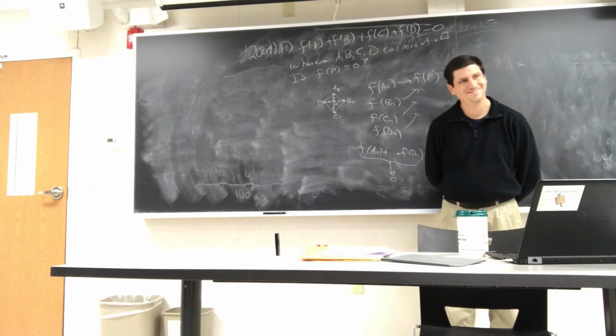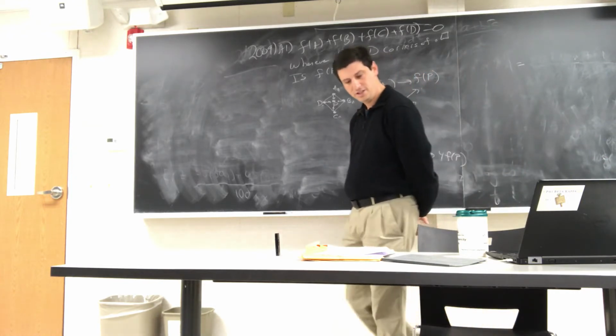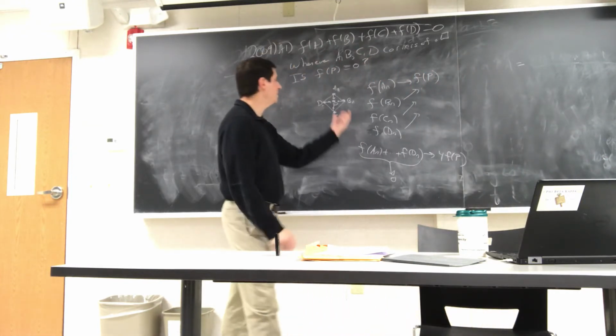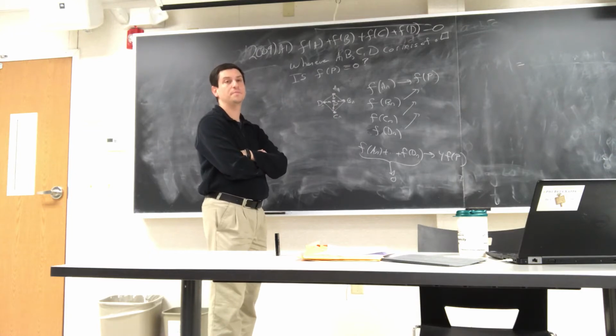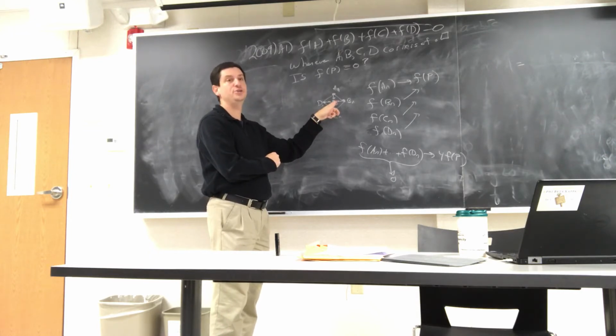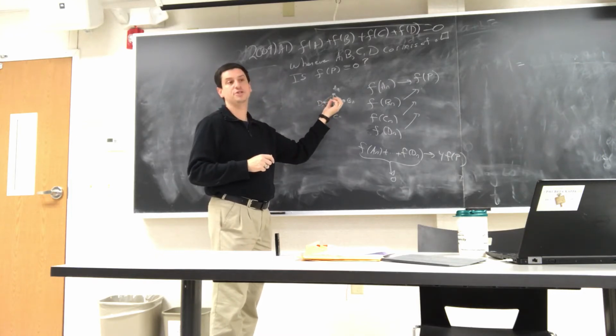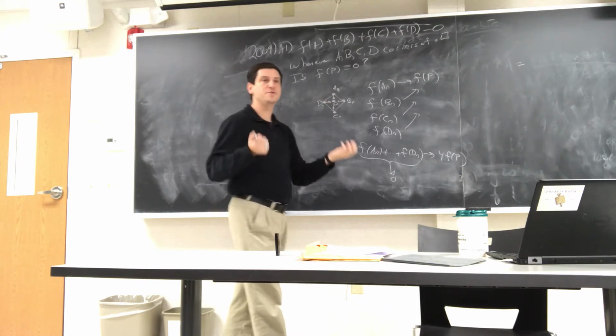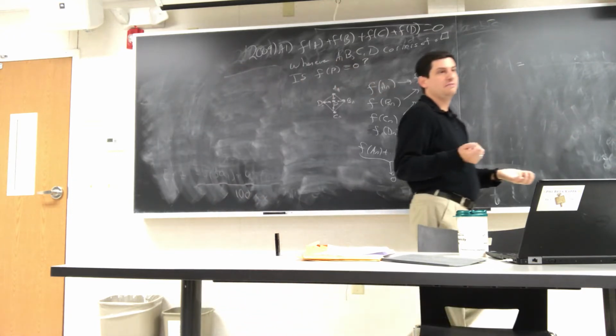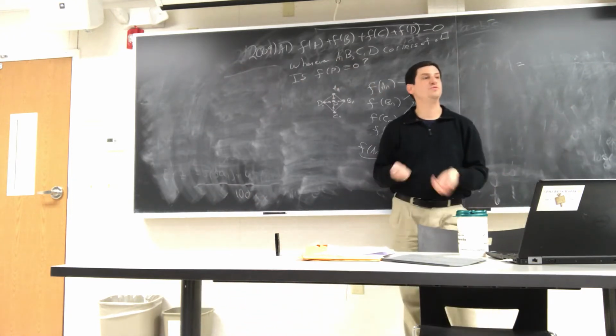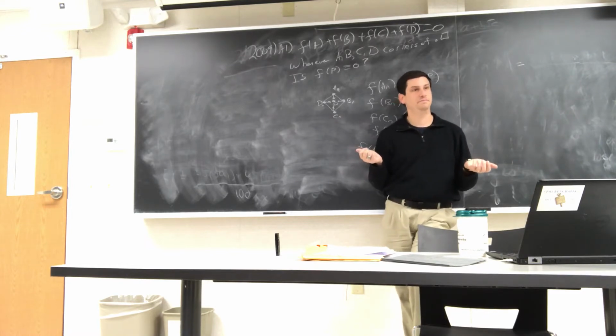You consider a zero area square? Yes. Would it still be a square? Well, what I can do is take an arbitrarily small square. And if f of P were not 0, by continuity there'd be a small neighborhood around P where the function is positive or negative. So without loss of generality, if f of P is not 0, we can always renormalize and make f of P equal to 1.